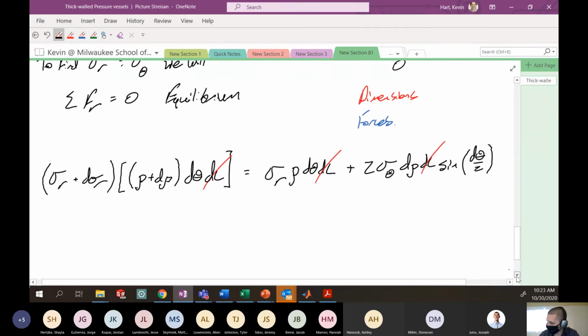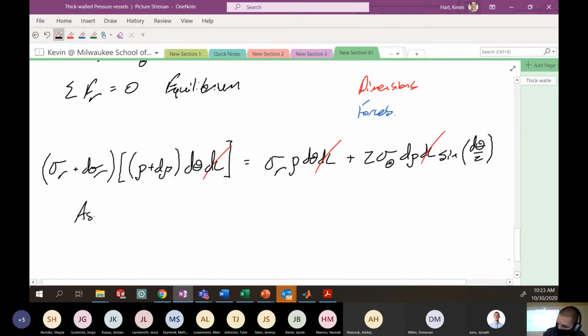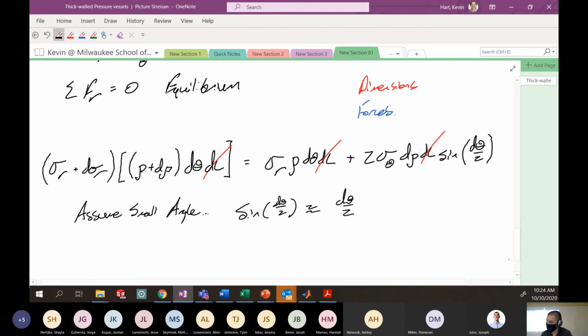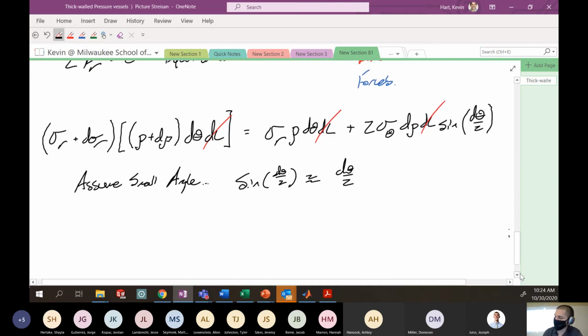We'll assume small angle, such that the sine of d theta on 2 is approximately equal to d theta on 2. It's a small angle assumption. And we'll assume that higher order differential terms are 0.